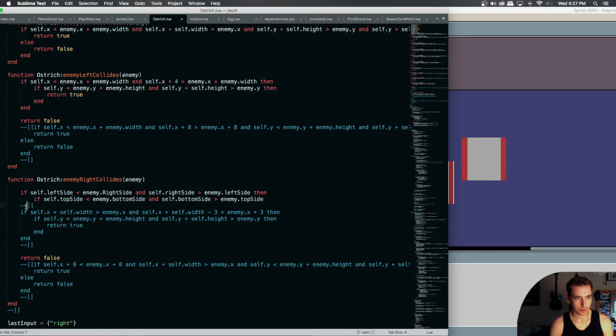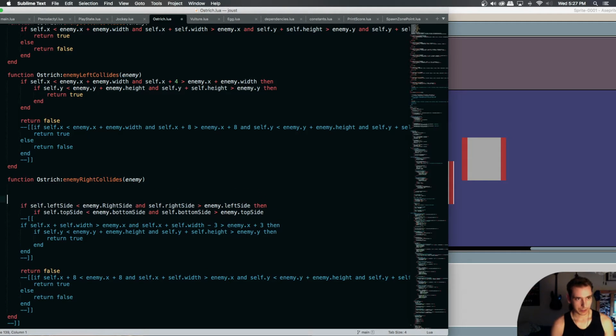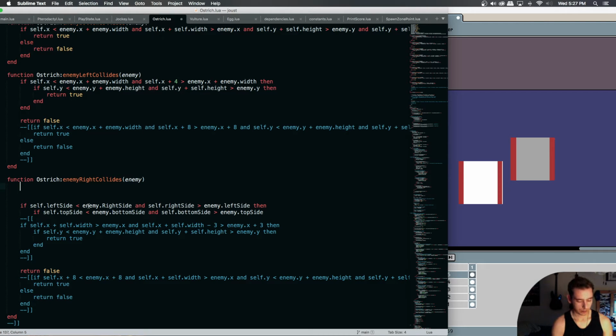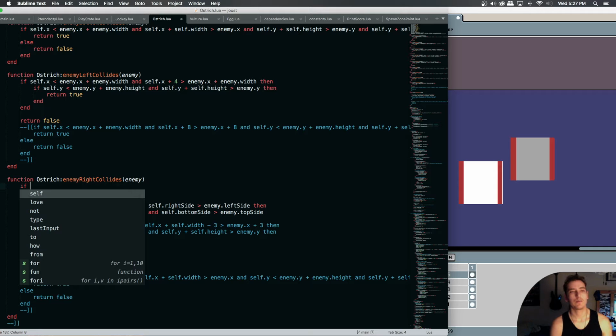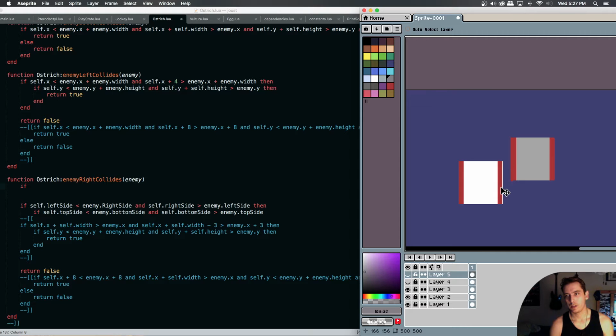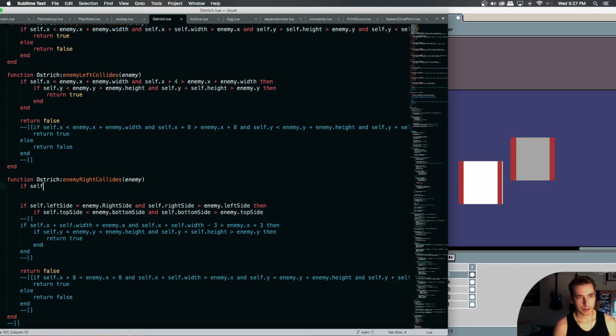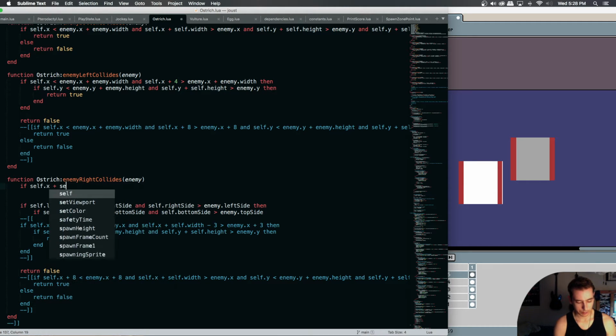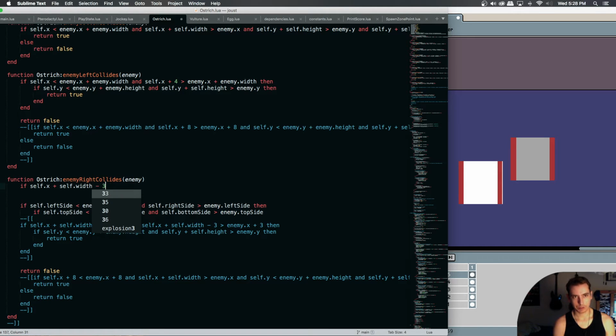But let's do right here. Now that we got the cheat sheet, we're gonna do it with these boxes. So we're gonna say, and this is for our right collides. So it's this bounding box and this bounding box of our ostrich and enemy respectively. So our self left side is not self.x, it's actually self.x plus self.width minus the 3 pixel buffer.